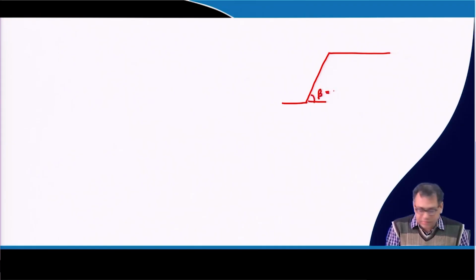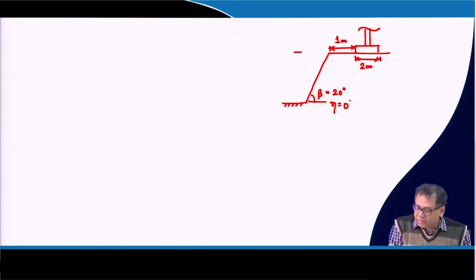So, the beta value is given as 20 degree, but here eta is 0 degree, because it is not an inclined base, but the foundation is on the surface of the slope, and the width of the foundation is say 2 meter, and the distance from the slope edge to the foundation edge is 1 meter. Okay. Height of the slope h is 6 meter.